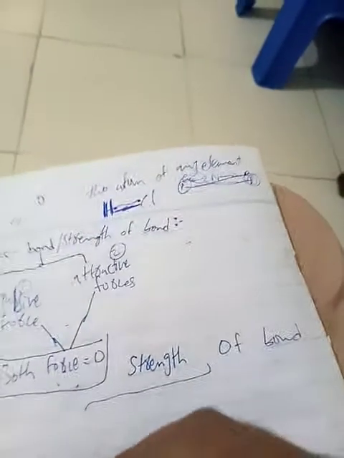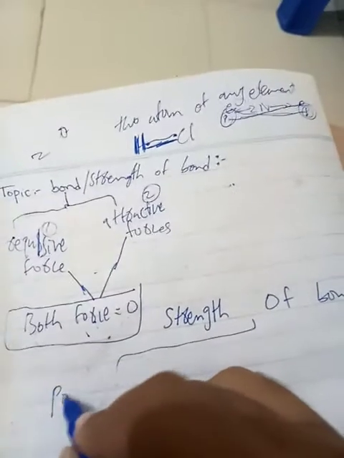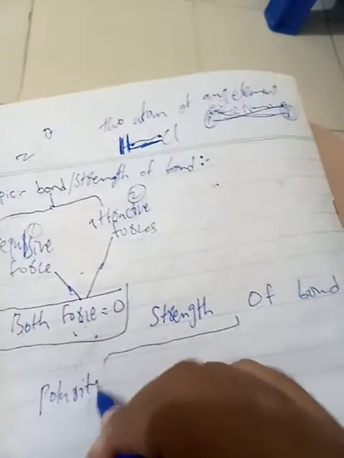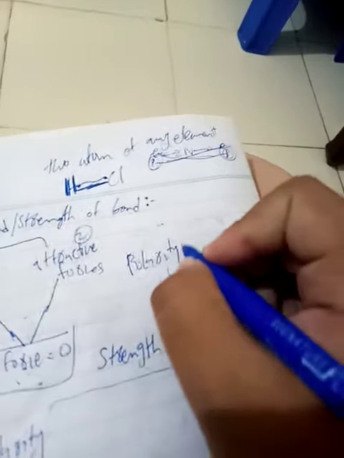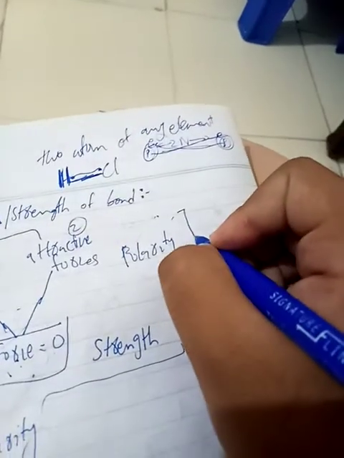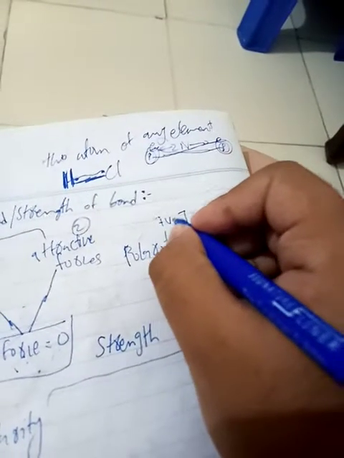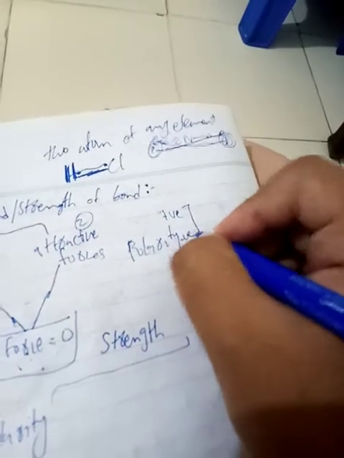We'll tell you after some time, but first of all let's go with polarity. So now you will be asking what is polarity. To describe polarity, there are two charges, positive and negative, in an ionic bond, or you may say in a partial covalent bond as well.